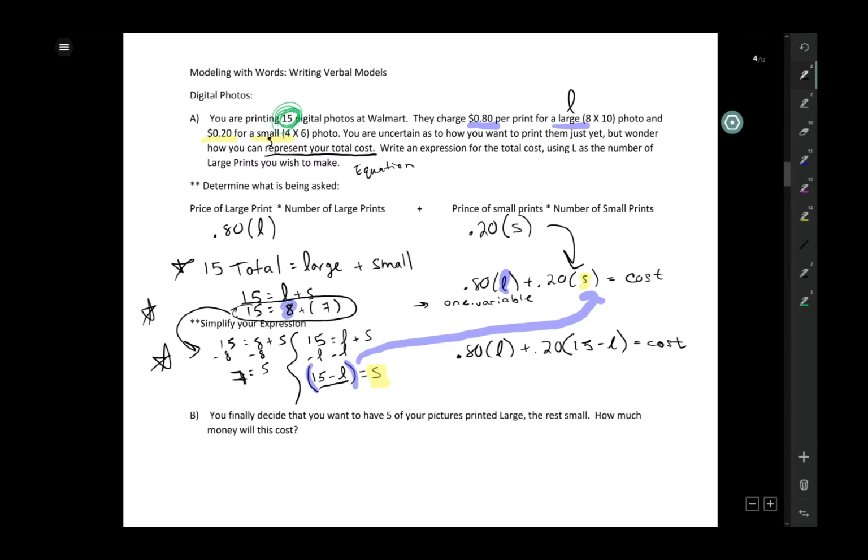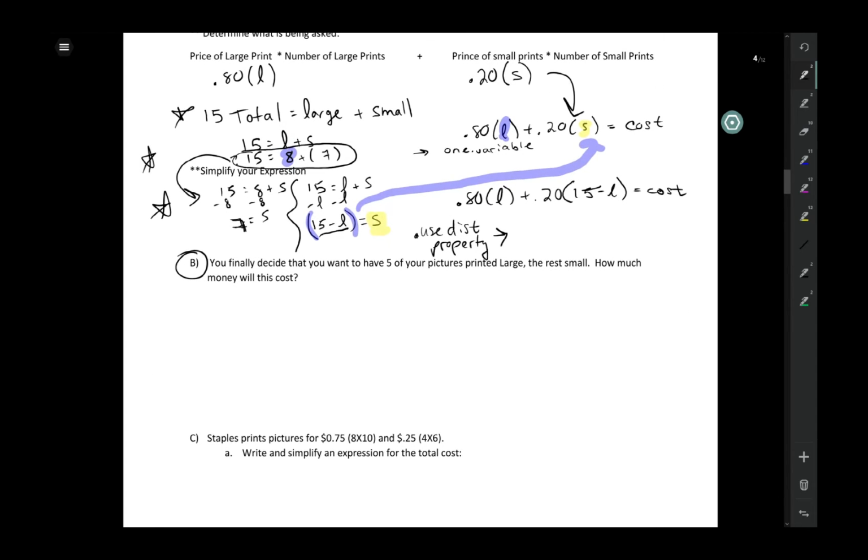Go ahead and you can use some properties to simplify this. So maybe go ahead and use the distributive property. And try and tackle B. How much do you think it will cost to get those?